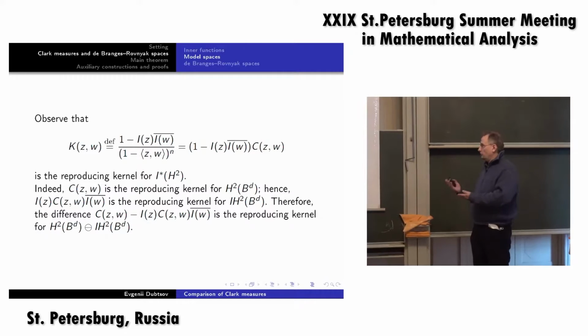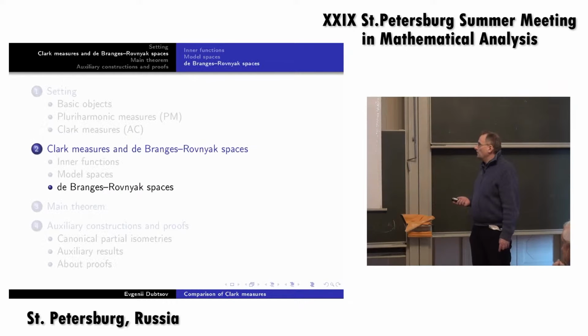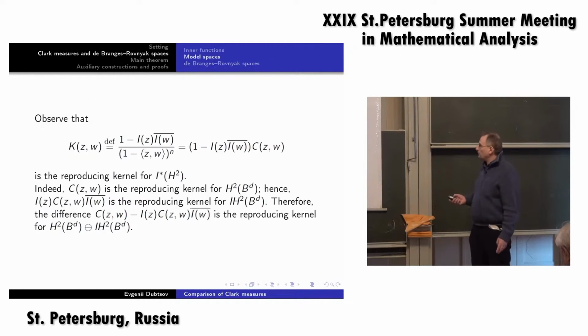We also have the reproducing kernel for I H^2, and then we consider the difference of the kernels to obtain the kernel of the corresponding space, H^2 minus I H^2, this large analog of the model space. Okay, if you know the reproducing kernel, so essentially, if you're interested just in model spaces, you consider just this setting.